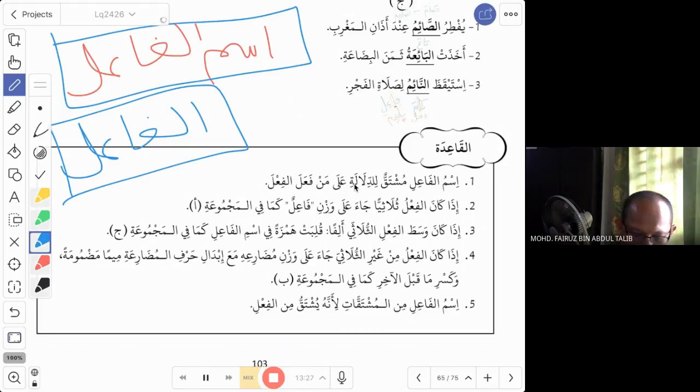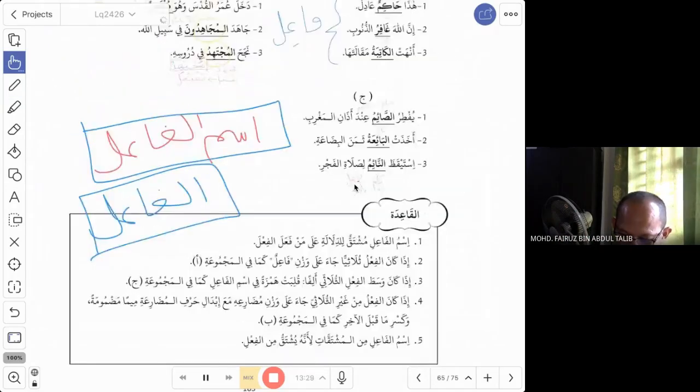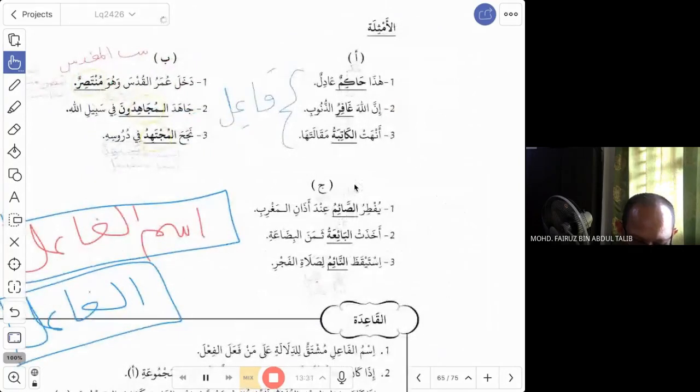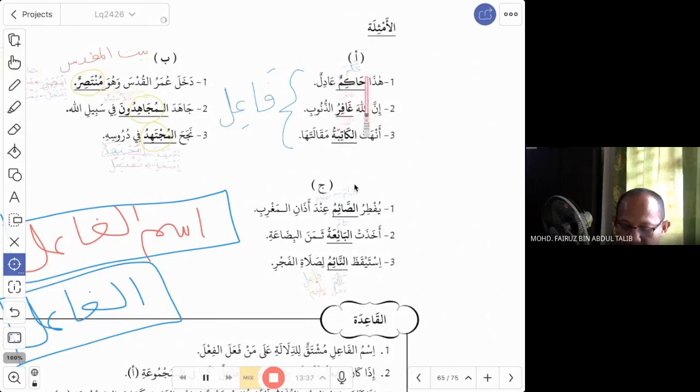So you can take this isim fa'il, all these words, and put them in a sentence, and you can make it a mubtada, you can make it a khabar. For example, in this jumla it is a khabar. In this jumla, rakam salasa, it is a fa'il. So at the same time, it is isim fa'il, and the grammar function of it is a fa'il.